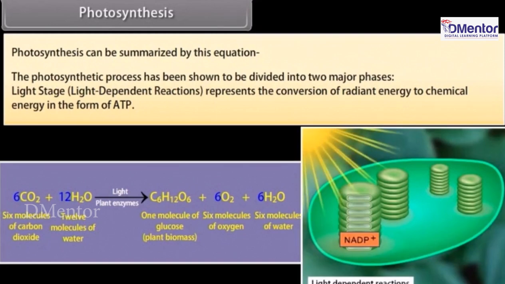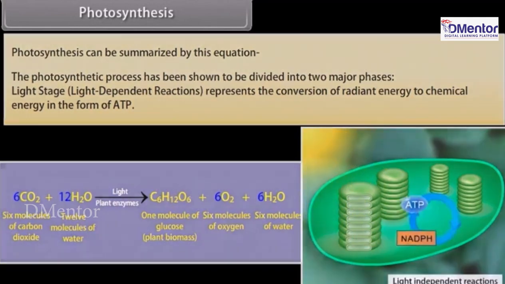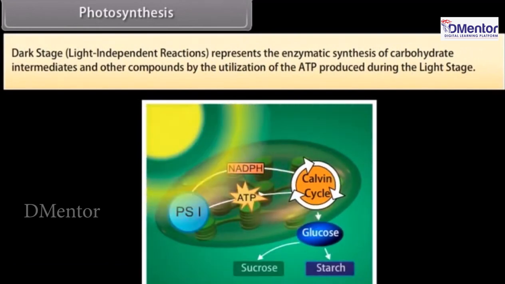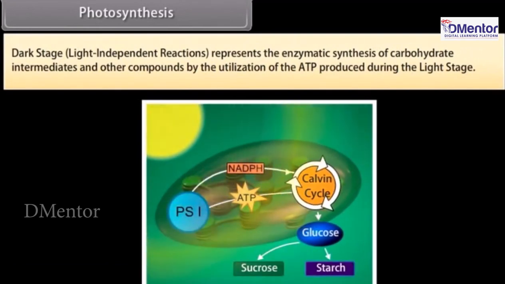Light stage, light-dependent reactions, represents conversion of radiant energy to chemical energy in the form of ATP. Dark stage, light-independent reactions, represents the enzymatic synthesis of carbohydrate intermediates and other compounds by the utilization of the ATP produced during the light stage.